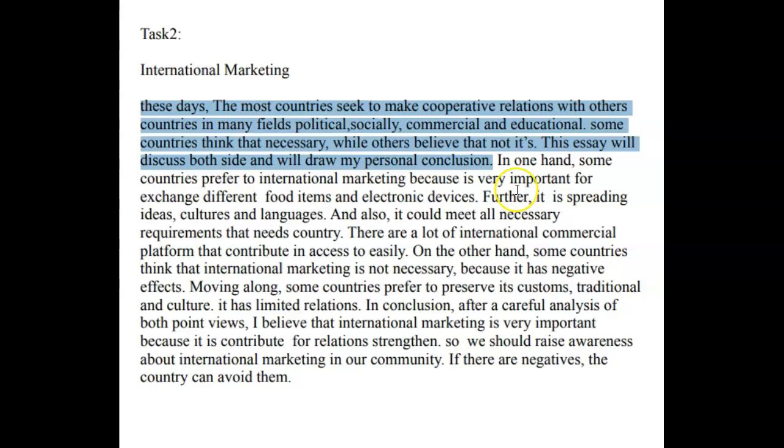"Furthermore, it is spreading ideas, languages, cultures, and..." no, ideas, cultures, and languages. Why? How? Also, and here, capital "Also." "Also, it could meet all necessary requirements that needs country." I don't understand that. What do you mean? That's unclear. "There are a lot of international commercial platforms that contribute in access to easily." Grammar. This doesn't make sense.